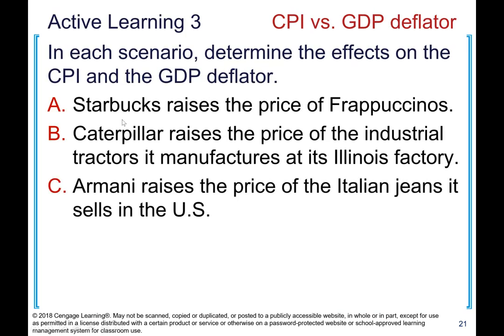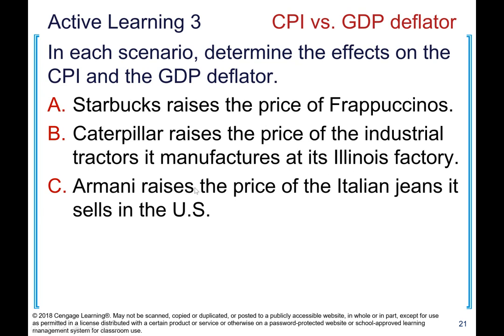Active learning 3. In each scenario, determine the effects on CPI and the GDP deflator. Number A, Starbucks raises the price of frappuccinos. Number B, Caterpillar raises the price of the industrial tractors it manufactures at its Illinois plant.